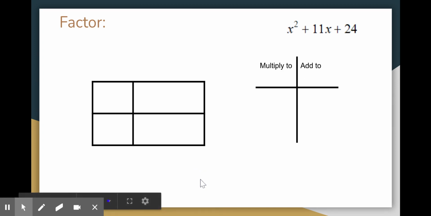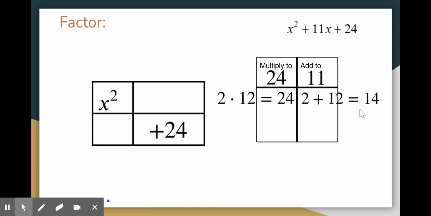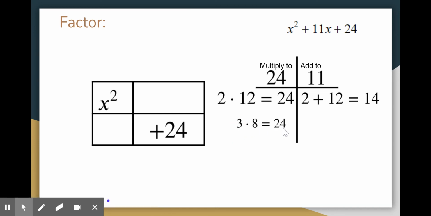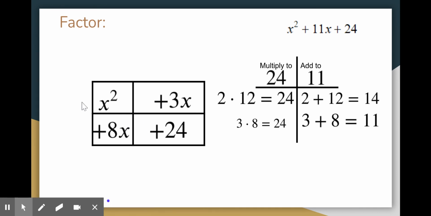Okay, let's try this last example. Okay, some factors of 24. 2 times 12 is 24, but 2 plus 12 equals 14, so that won't work out. 3 times 8 is 24, and 3 plus 8 is 11, so that will work out. So I'm going to write it as 3x and 8x.